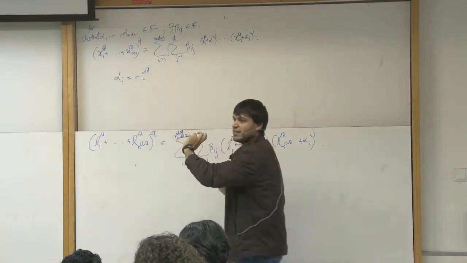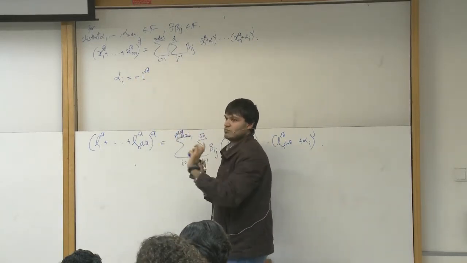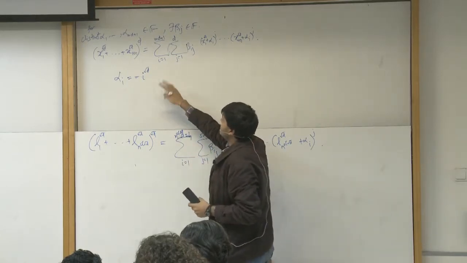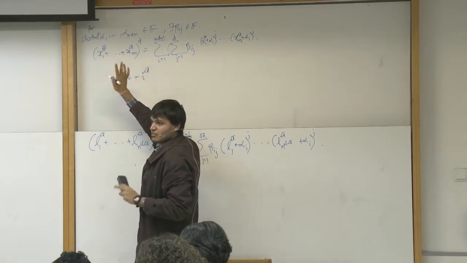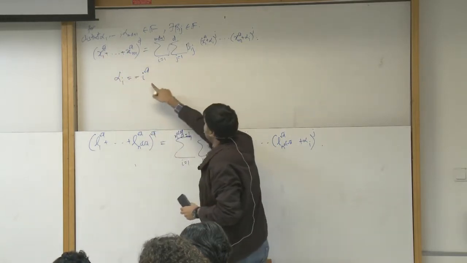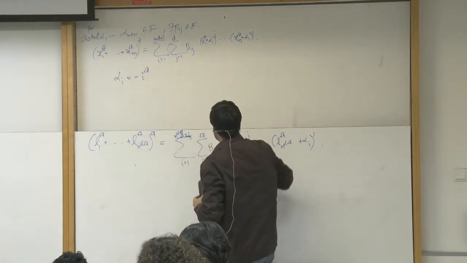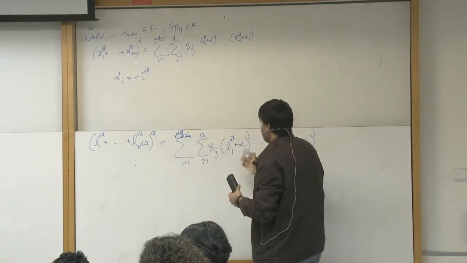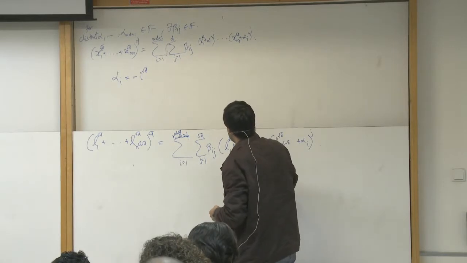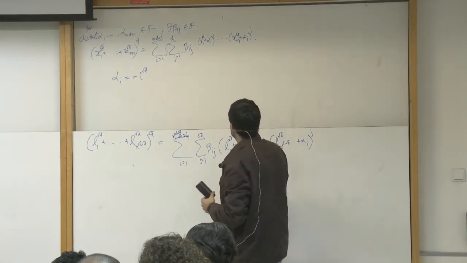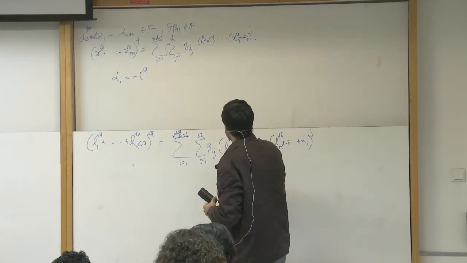Because this reduction works for any distinct alpha i's, as long as they are distinct, it's okay. So if we plug this into this expression, what will we have? This is just minus I to the root d.